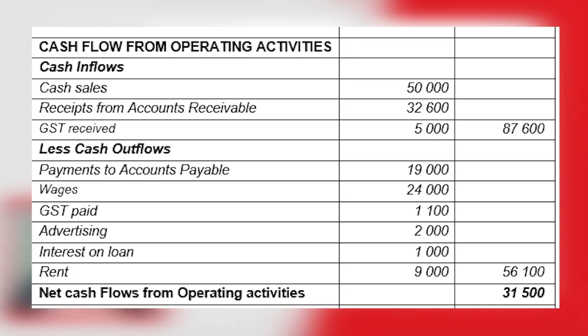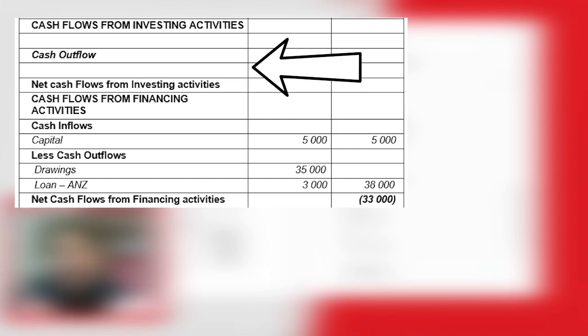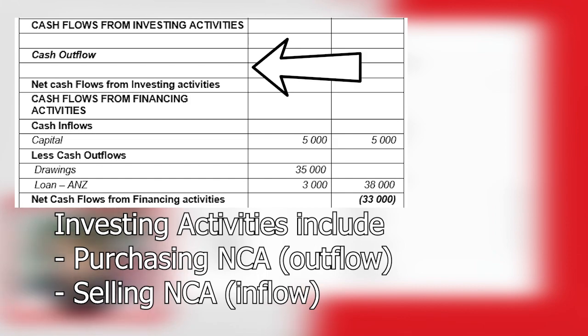If we move down, we can see both the investing and financing activities. They are very niche and display very specific information. The investing activities, both inflows and outflows, talk about when we buy a non-current asset, investing in the business. If we buy an asset, it goes in the outflows because we pay money for it.